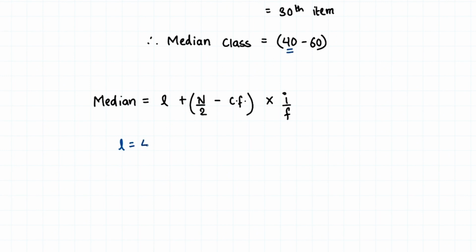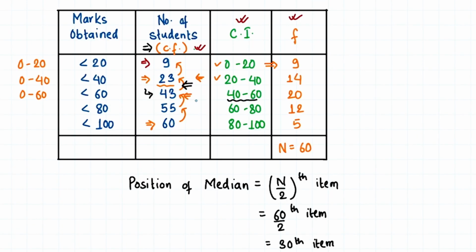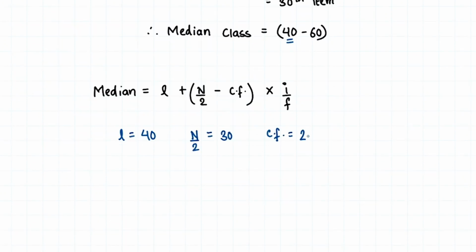So our L is 40. And then we have our N by 2 is equal to 30. Okay, we just calculated this. For our CF, again, we need to look at our table, right? So the CF is just going to be above our median class, right? So our median class was this one. So the CF is going to be our 23 over here, okay? So our CF is 23.